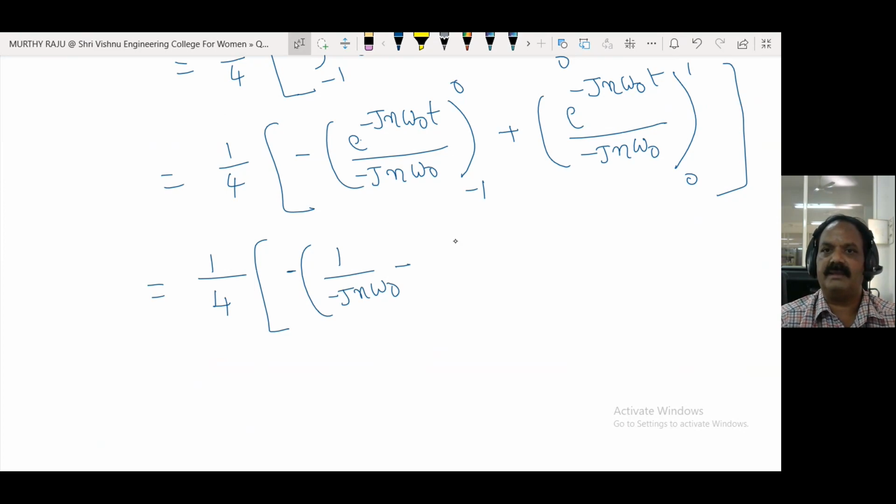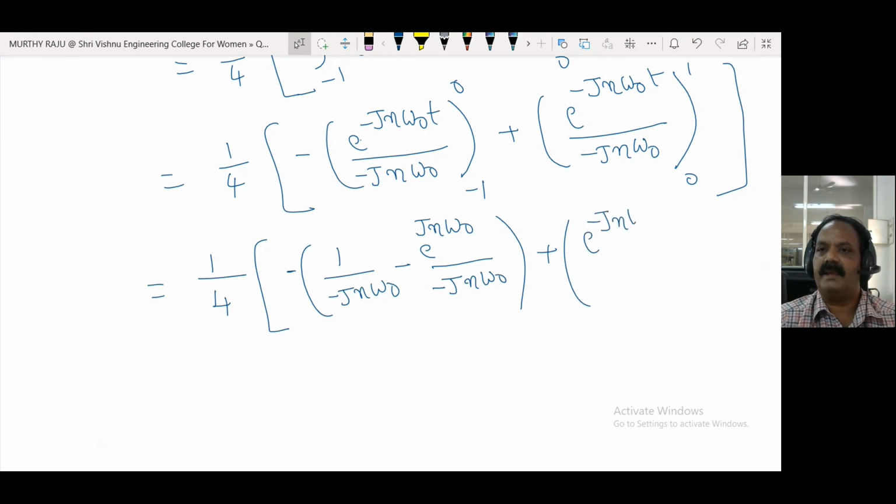Substituting -1 for t gives minus e power plus j n omega naught by minus j n omega naught, plus, substituting 1, e power minus j n omega naught by minus j n omega naught, minus, substituting 0, e power 0 is 1 by minus j n omega naught.